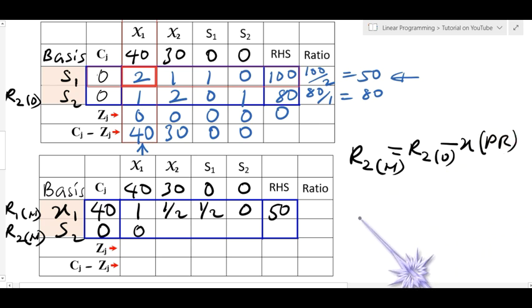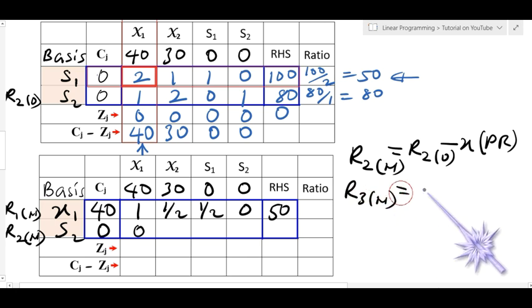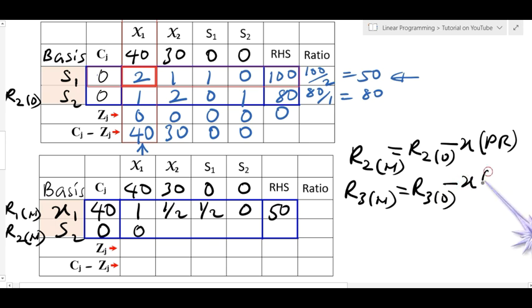That's the formula. If we have more than this, maybe row 3, then R3 new is equal to R3 old minus x times the pivot row.